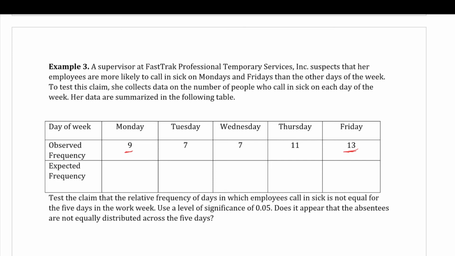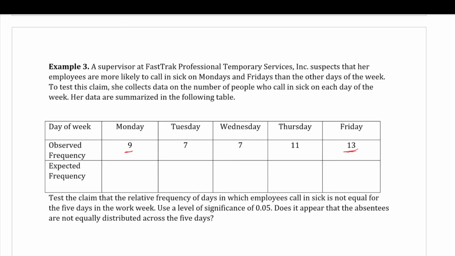Probably more on Thursday than Monday, but she suspects that on Mondays and Fridays there's more of an uptake in people calling in sick. And maybe the reason for that is people probably aren't sick and they're just taking Fridays and Mondays off because they're trying to make a 3-day weekend out of it, right? So maybe she collected this data over a month. It doesn't really say, but it doesn't matter, okay?